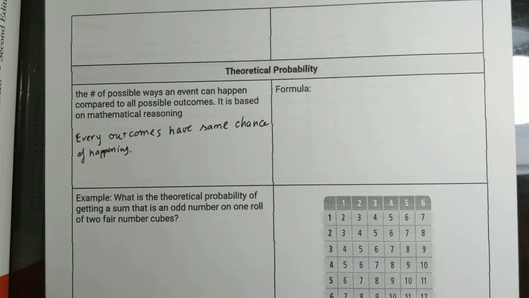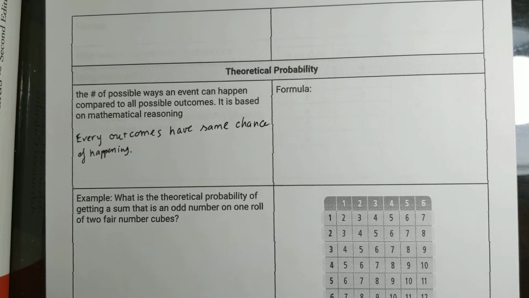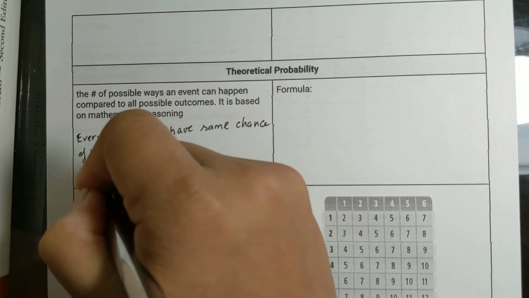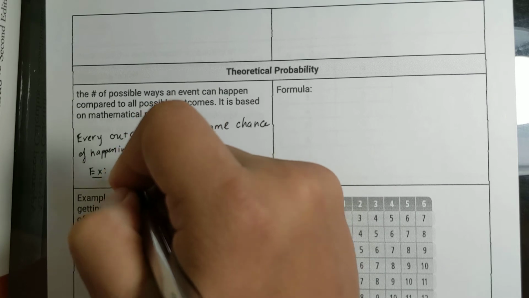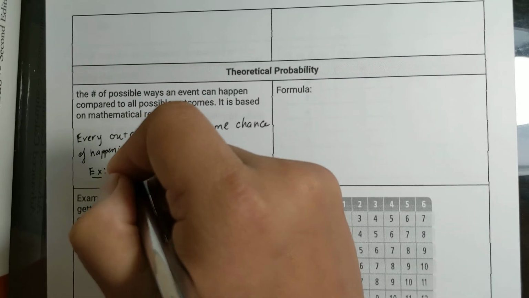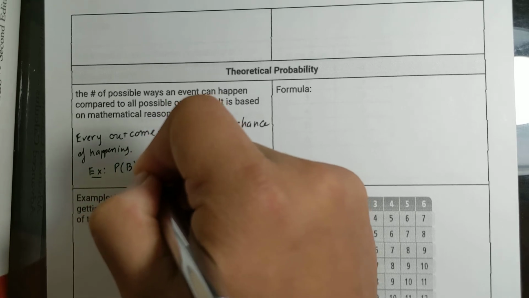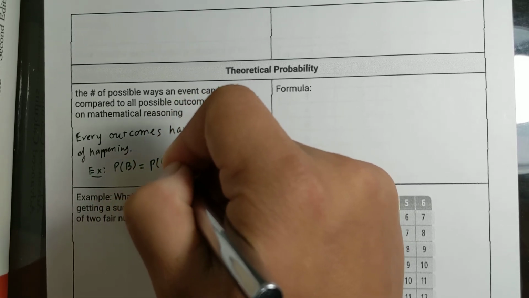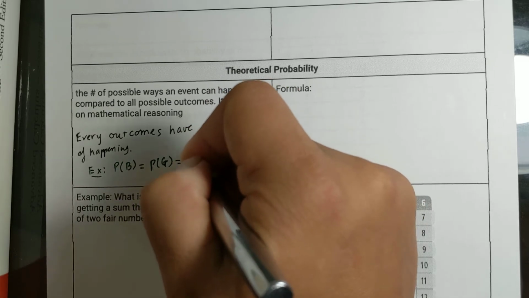To give a clearer example, the chance of having a boy and a girl in your future or my future: the chance of having a boy is the same as the chance of having a girl, which is 50-50.